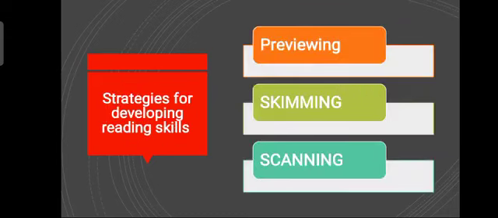Now, what are the strategies for developing reading skill? There are four things. Here we are going to study three of the most common strategies needed. The first strategy is previewing. It is common for students to dive into academic texts and begin reading in a hurry, which is often counterproductive.